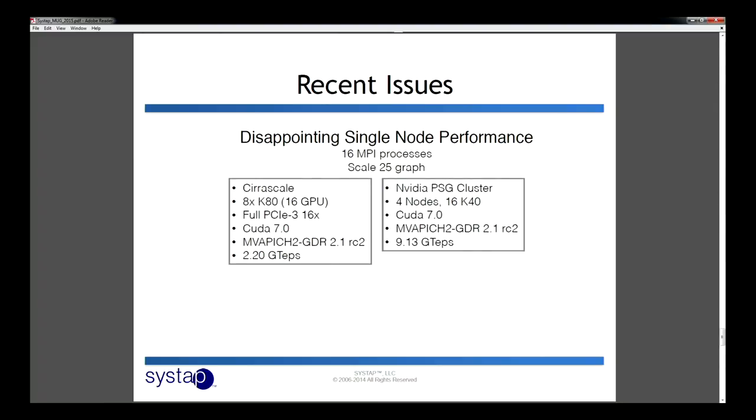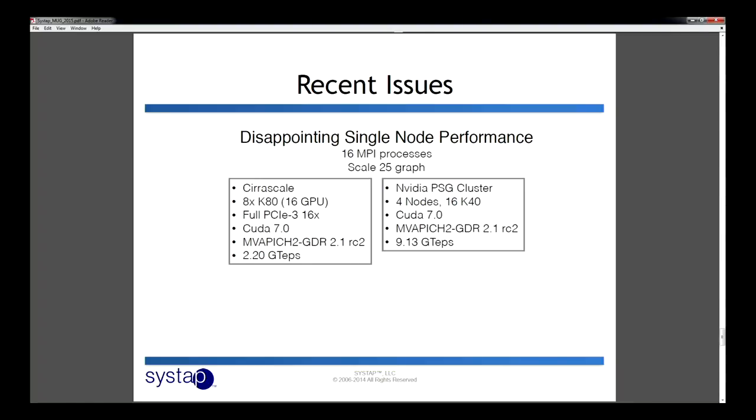Another issue is we found very disappointing single-node performance. We had access to a One Stop Systems machine, which makes a really neat PCIe PLX switch, which allows full PCIe 3 with 16x lanes between 8 GPUs for internal communications.